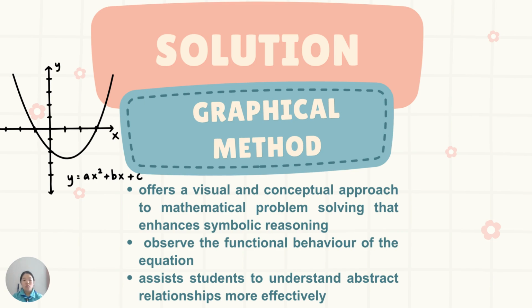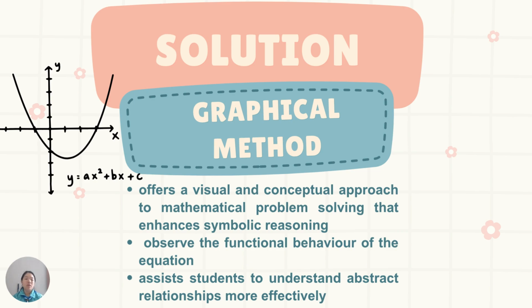Okay, so for this problem statement, to solve it, I will use the graphical method. Why will I use the graphical method? Because it offers a visual and conceptual approach to mathematical problem solving that enhances symbolic reasoning.